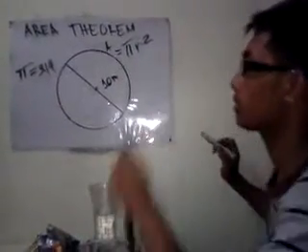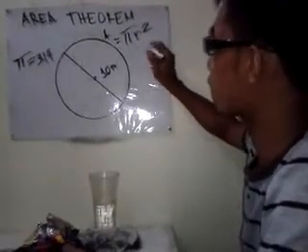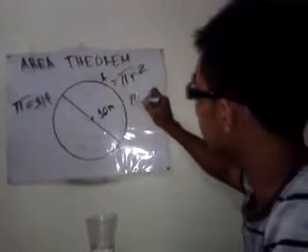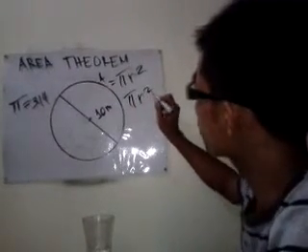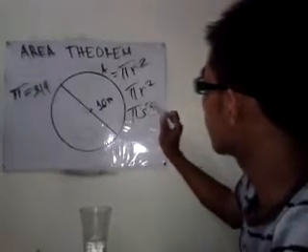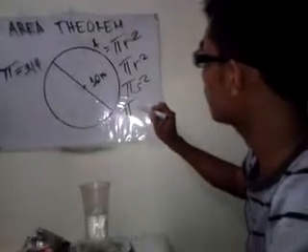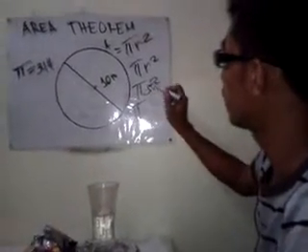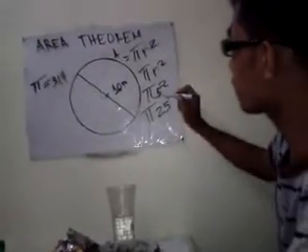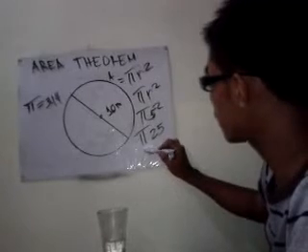Since we're going to use this formula, we're going to divide this 10 into 2. So it will be pi r squared, so it will give us 5 squared. That's the radius, 5. We divided 10 into 2.